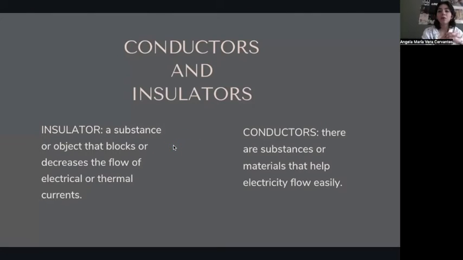Now we're going to talk about conductors and insulators. An insulator is a substance or object that blocks or decreases the flow of electrical or thermal currents. Some examples of insulators are rubber, silicone, or plastic, the ones that don't let electrical currents keep going.